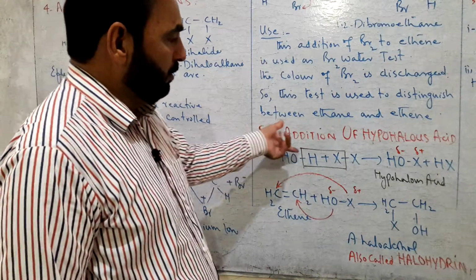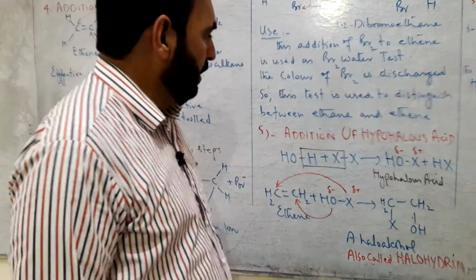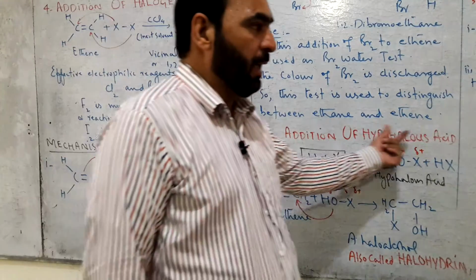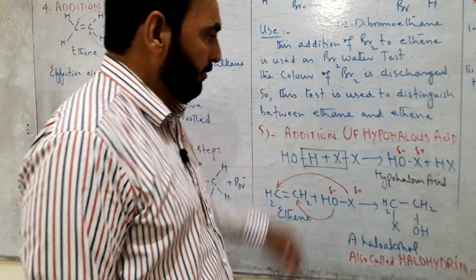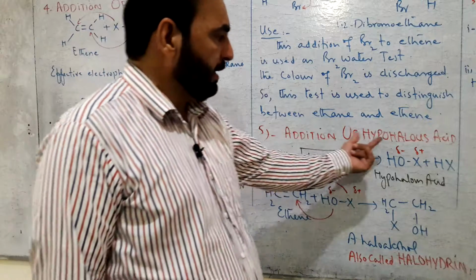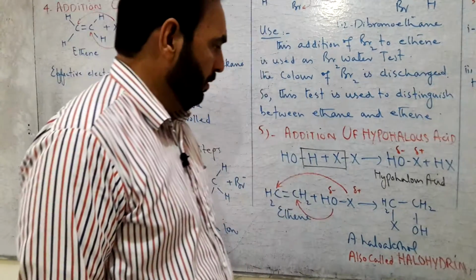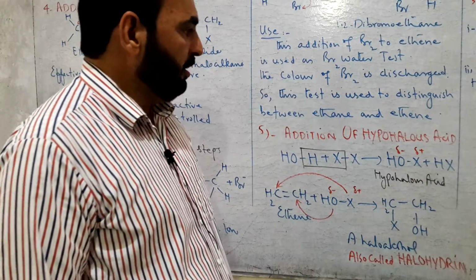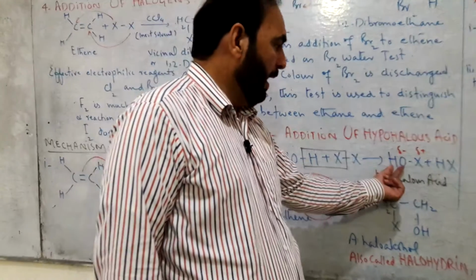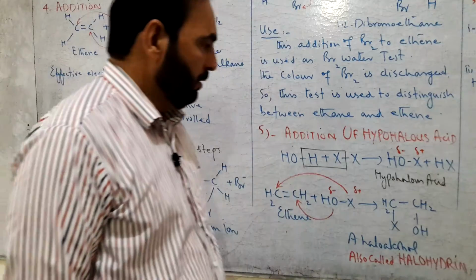At fifth number, we add hypohalous acid to any of the alkene. Hypohalous acid is an oxyacid of halogen having general formula HOX.